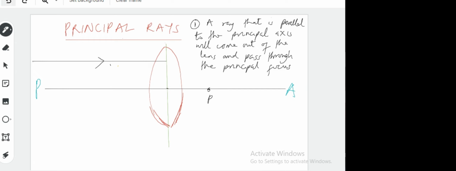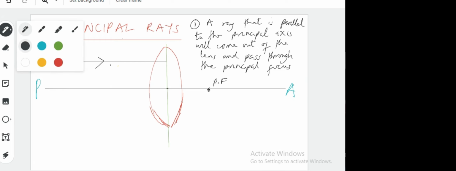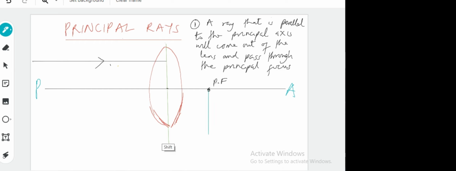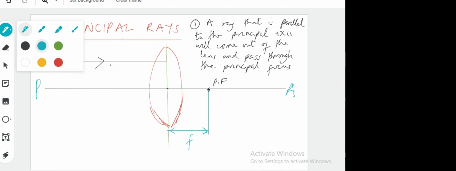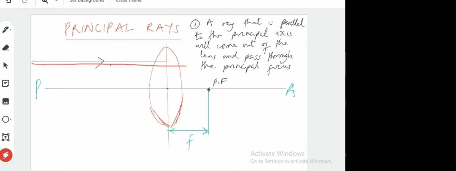So let me write this so that we'll be able to indicate the ray, such that the distance from here to here is f. So this ray, because it is parallel to the principal axis, will go through this.